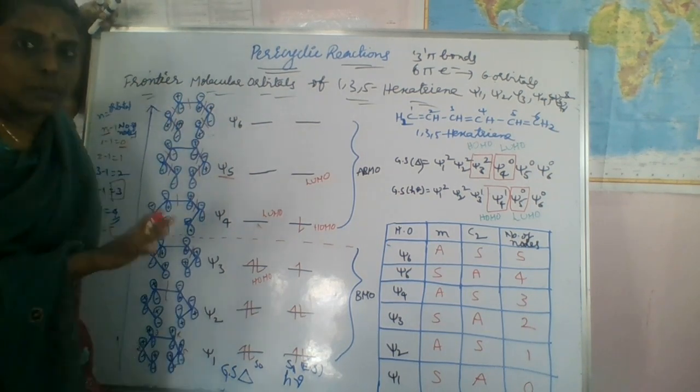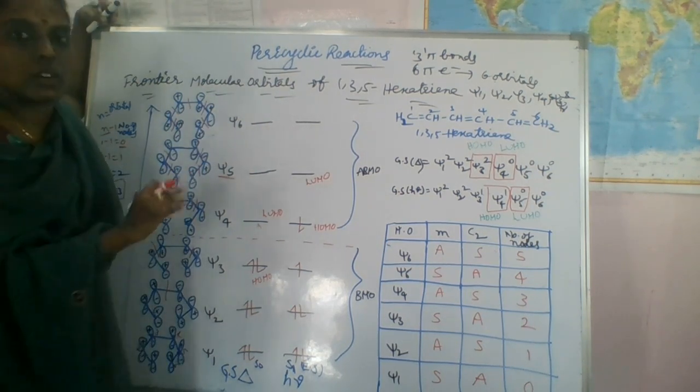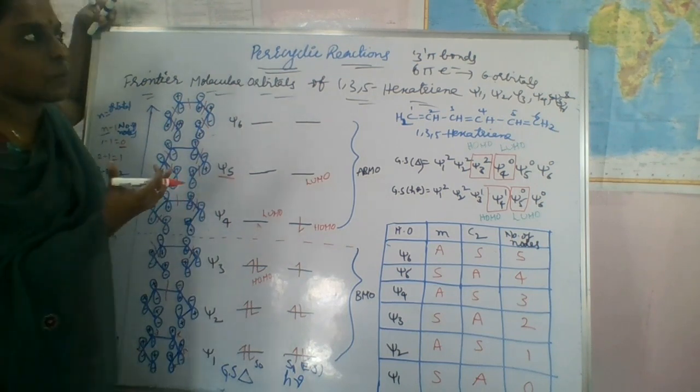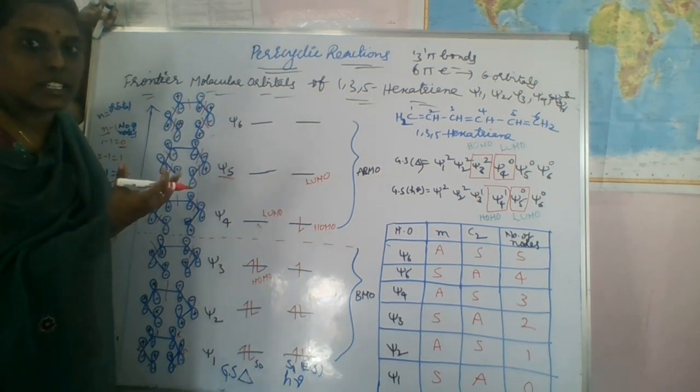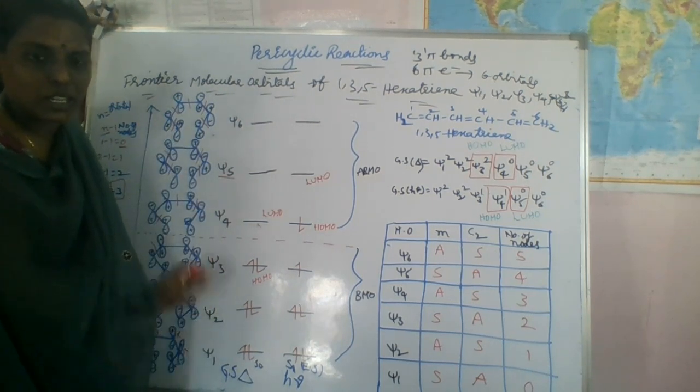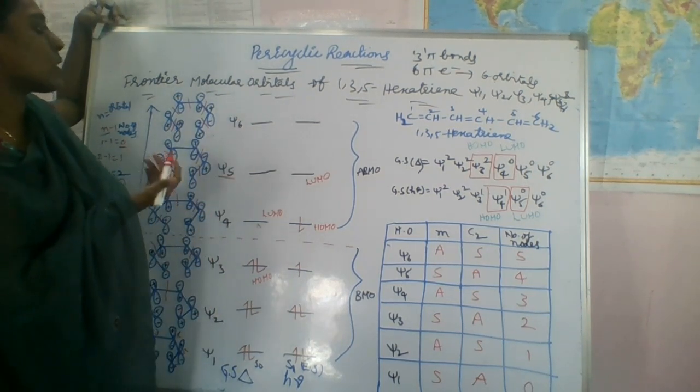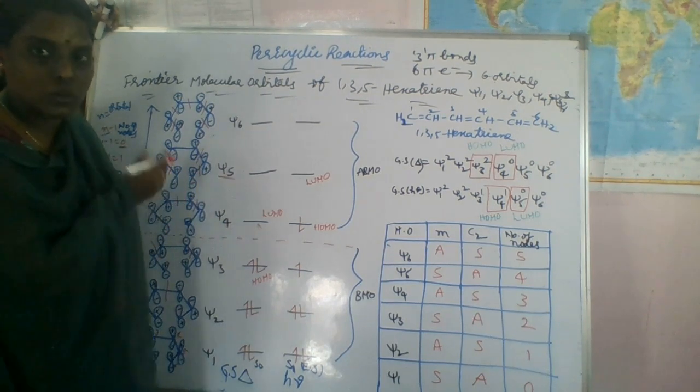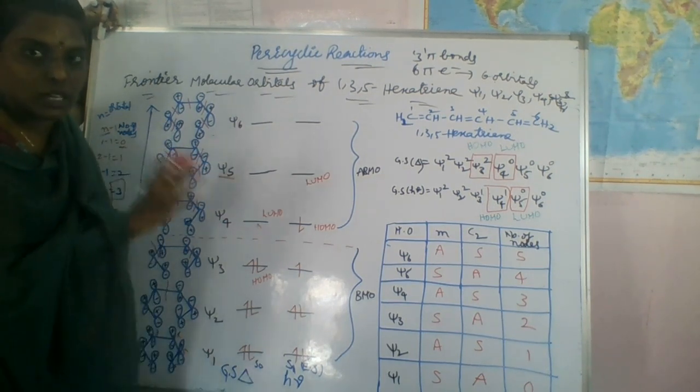This is a very important topic because in every type of pericyclic reaction you have to use these orbitals. Whatever question they give, only then can you solve the problem.